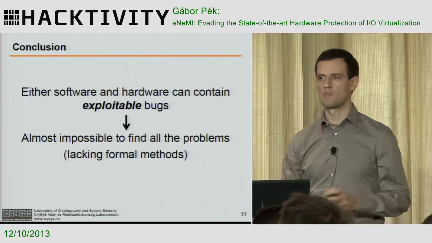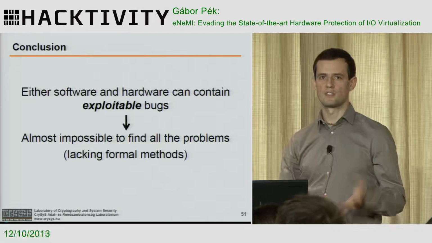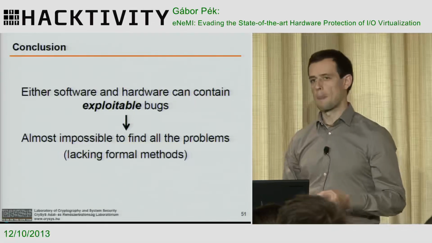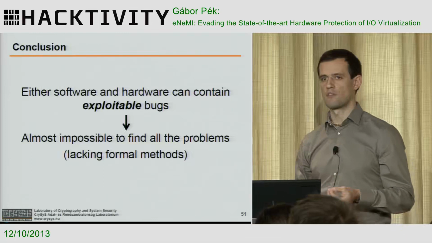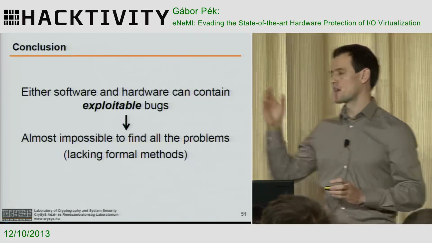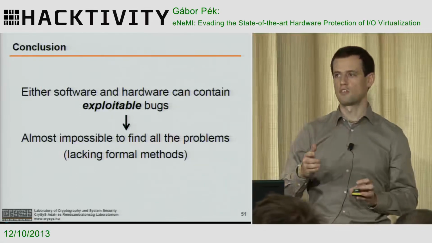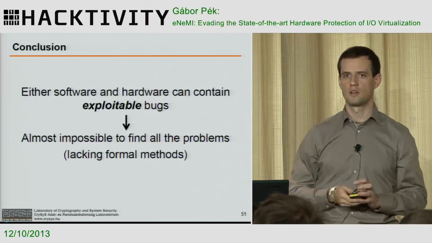And of course, how can we verify the hardware, and these kinds of hardware behaviors that even Intel doesn't know? So I think that from the attacker's point of view, finding bugs like this can be tough, but it is even tough for the vendor to figure out how to fix it.